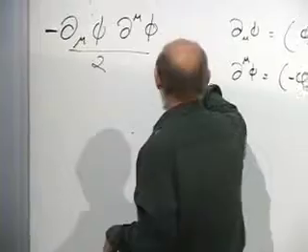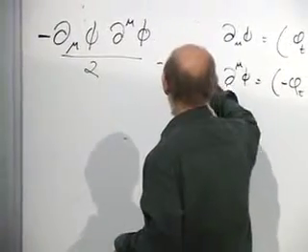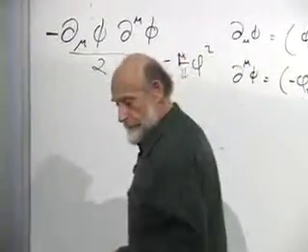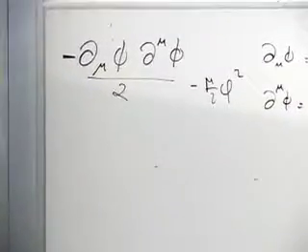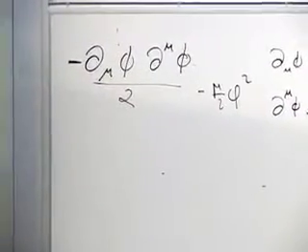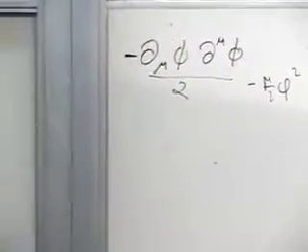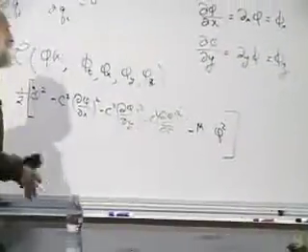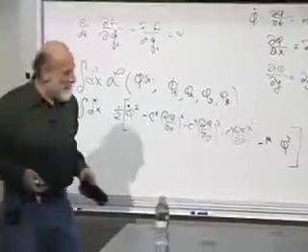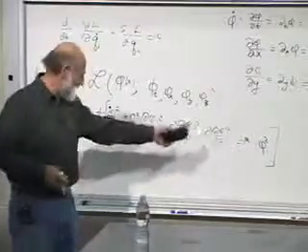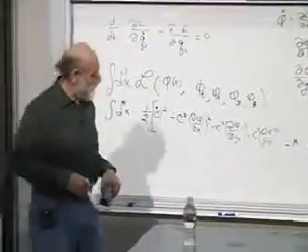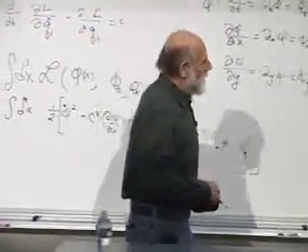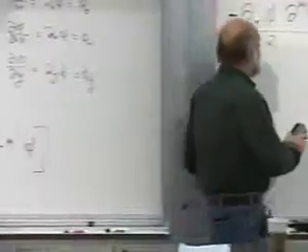Yes, you're right. Minus mu over 2 phi squared. Is that mu over 4, or is that 2 supposed to be outside? Thank you. Of course, it doesn't matter. It's a definition of mu, but I did intend that the mu also had a factor of 2. Right. Good. Okay.